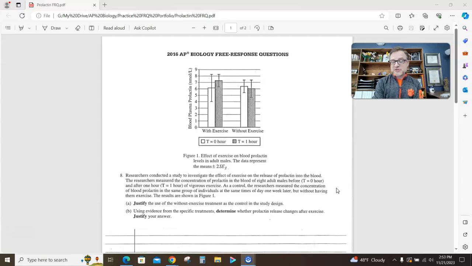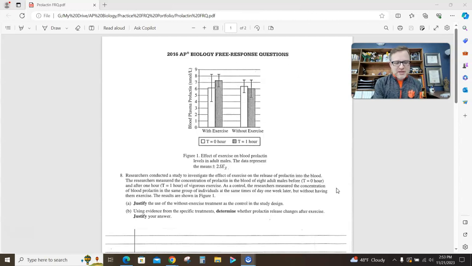My own students, we look at graphs with error bars throughout the year, and I'll still have kids at the end of the year who will miss something on a graph and say, "Oh, I didn't even see it had error bars." All right, error bars are critical to interpreting data from a graph, and if the AP exam gives you a graph with error bars, it's more than likely you're going to have to use them in the answer. And I'm seeing in this graph that all 4 of those error bars overlap, which means their ranges all in some way from top to bottom overlap one another.